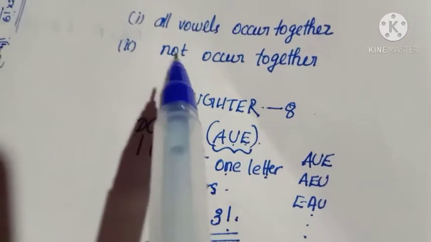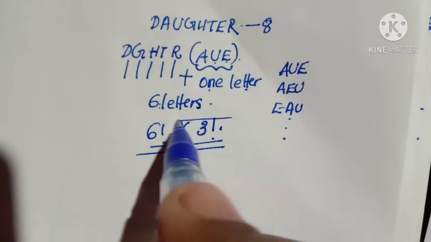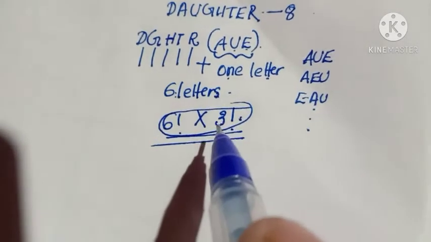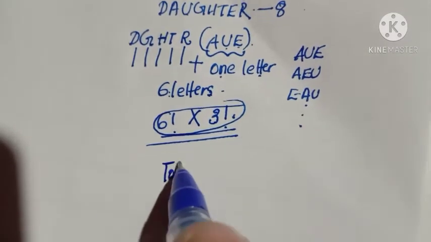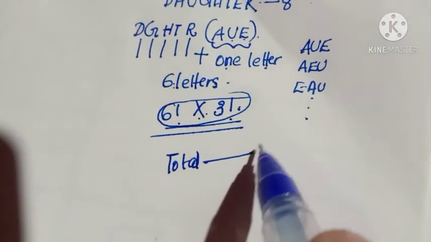Now the second question is: all vowels do not occur together. The previous arrangements are the number of arrangements when all vowels occur together. So not occurring together means total number of arrangements minus the arrangements where vowels occur together.